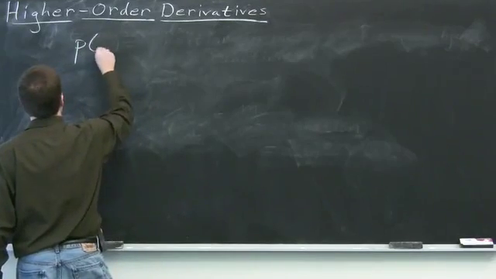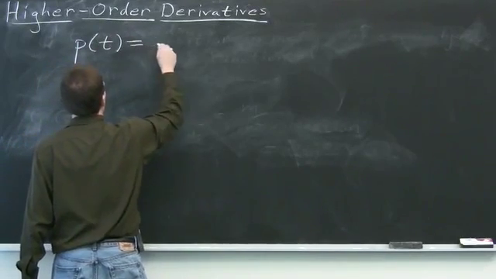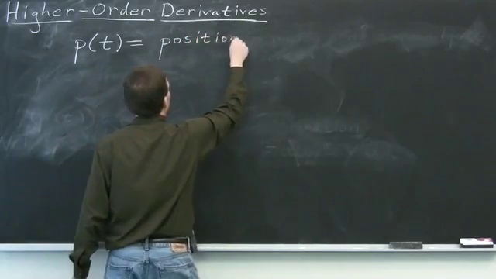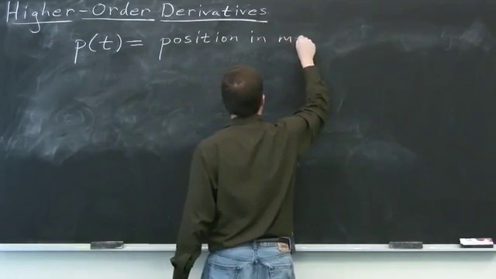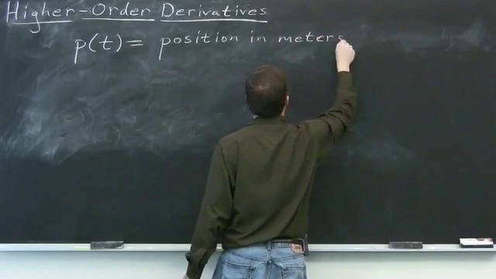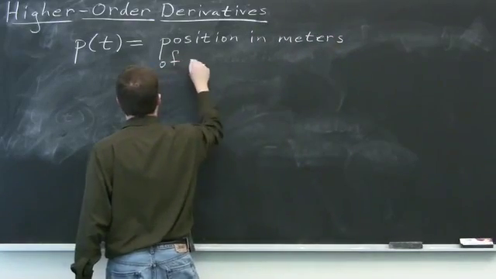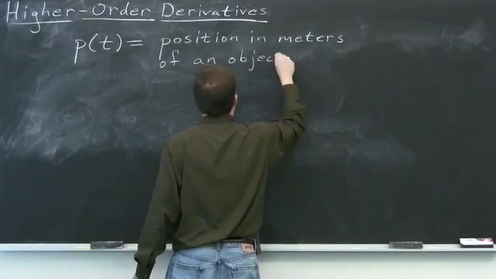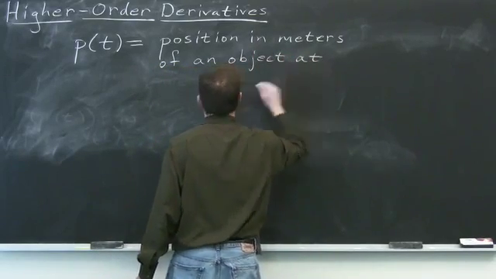So suppose we've got the position of an object as a function of time. So this is the position in meters of some object, a particle, a car, at time t seconds.